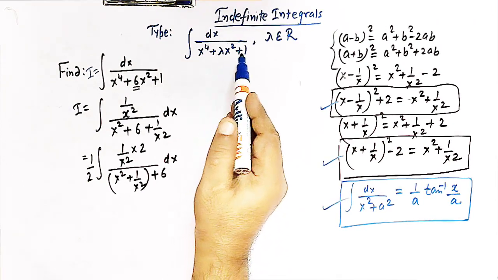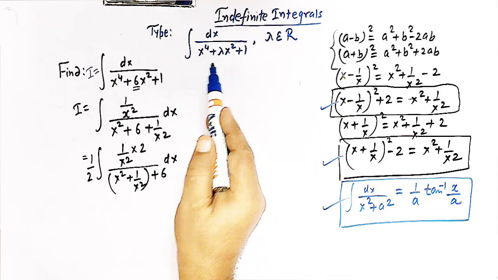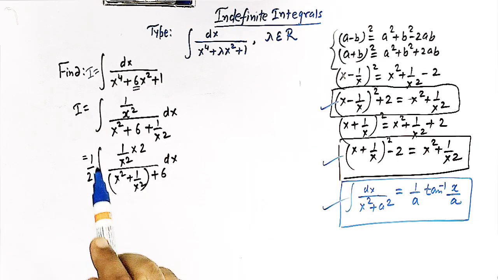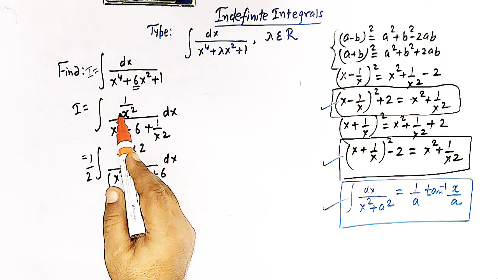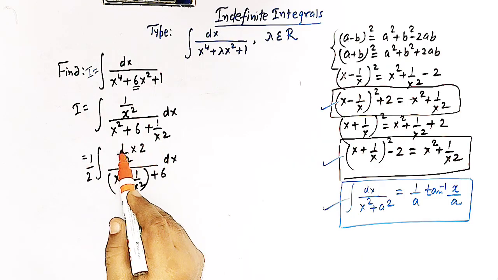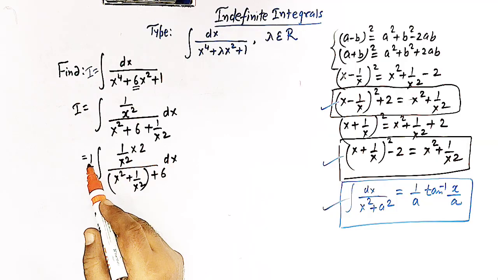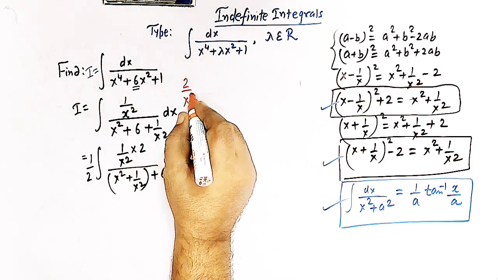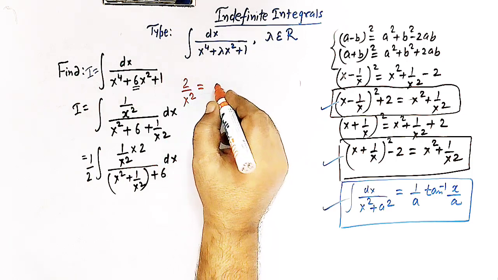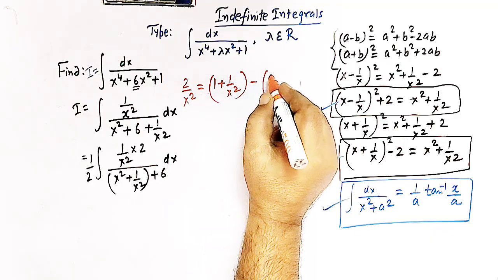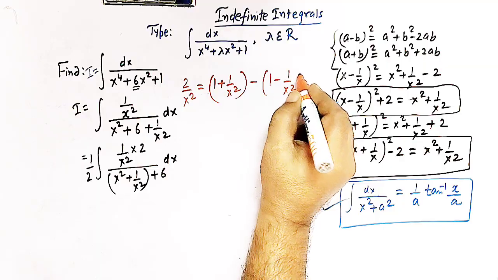So whenever we have to solve these types of indefinite integrals, the first step is to divide the numerator and denominator by x square. The purpose of dividing the numerator and denominator by x square and then multiplying this term 1 over x square by 2 and dividing by 2 is that this quantity, that is 2 over x square, can be written as 1 plus 1 over x square minus 1 minus 1 over x square, right?